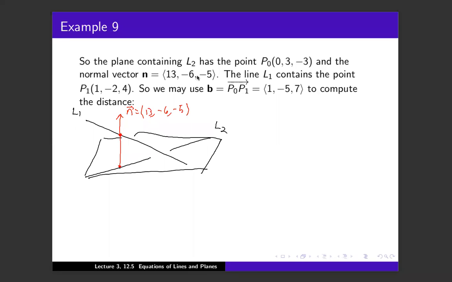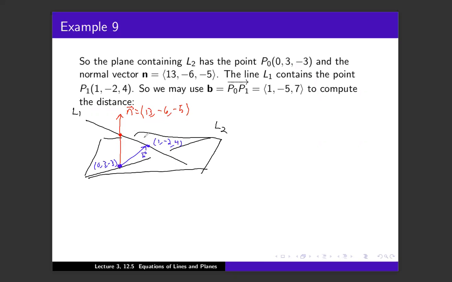On the bottom side here, we've got this one point, which is (0, 3, -3), coming from the formula for L2, and we also have this point, which is (1, -2, 4), coming from L1, which gives us the vector B between them.